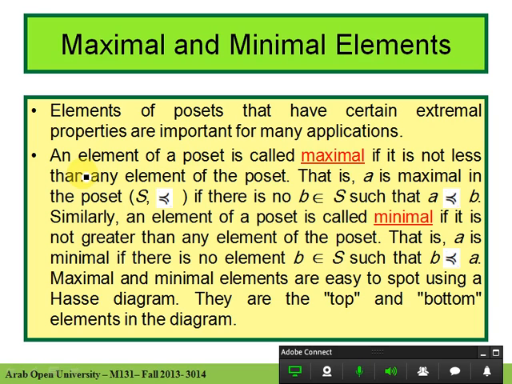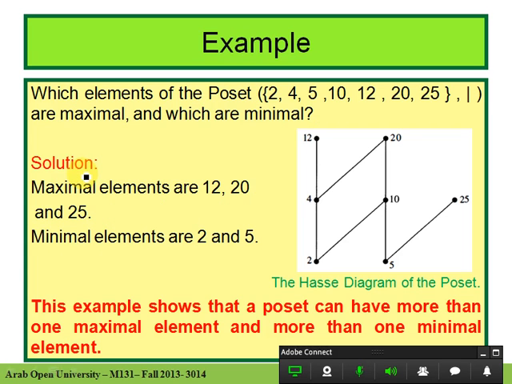Finally, the maximal and minimal elements of the set. Now here, this is the partially ordered set. This is what you have in the TMA, to find the minimal and the maximal element.